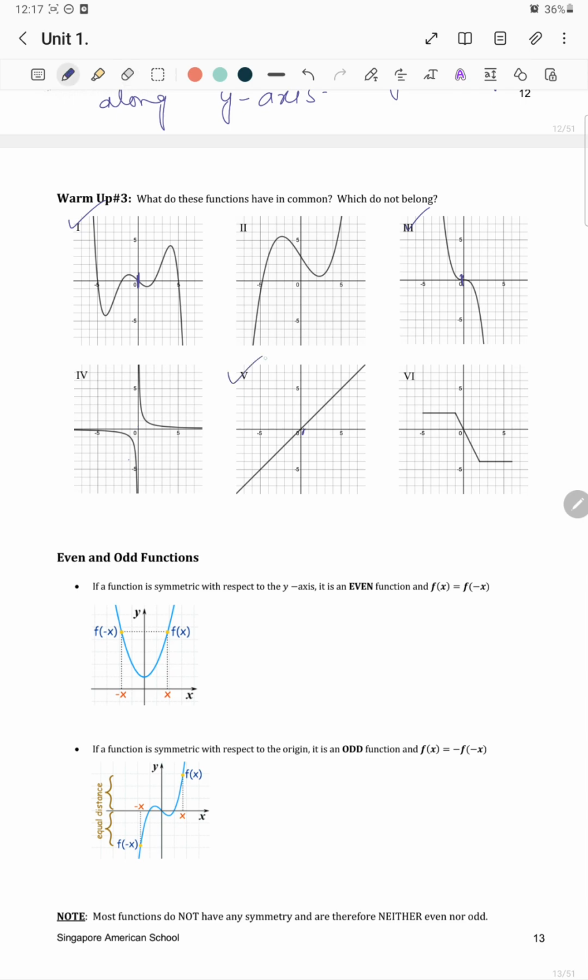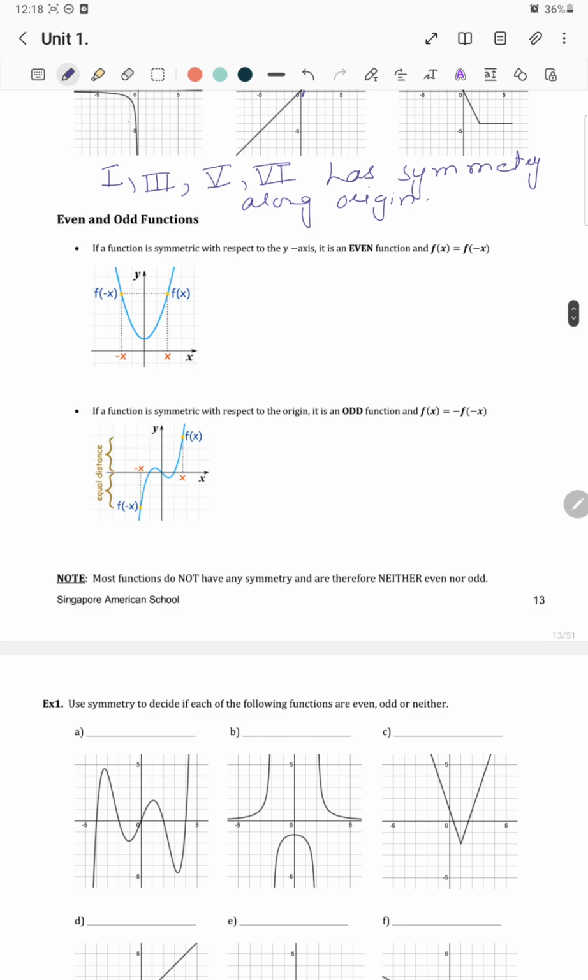Yes, 5 has symmetry and 6 has symmetry. So 1, 3, 5, 6 have symmetry along origin. So the answer for this is 2 and 4 are different.